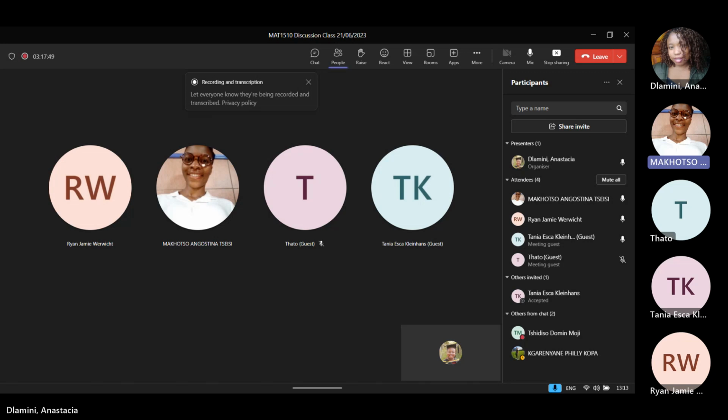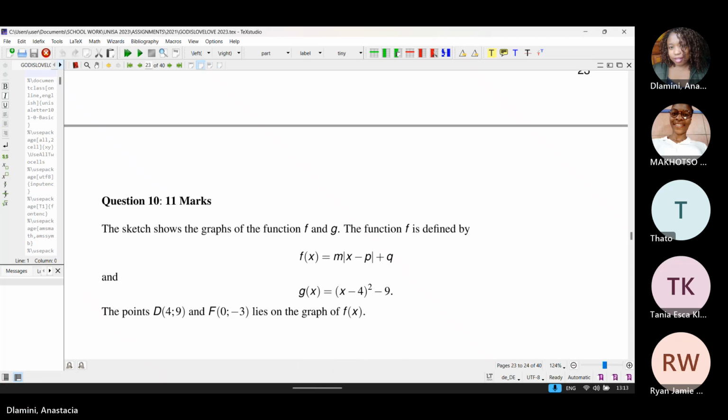Based on what we have done, give me notes on the absolute value function. Give me something. What do you see here? F of x equals m absolute value of x minus p plus q.